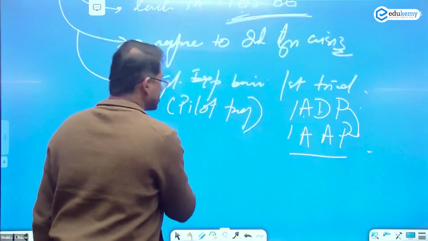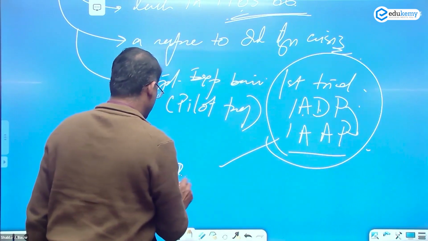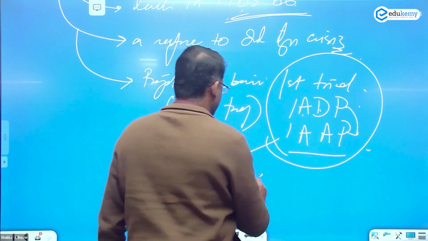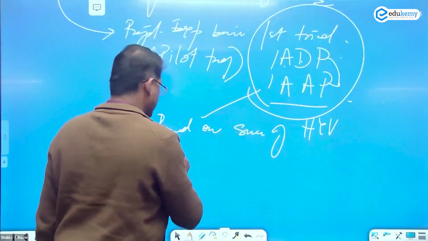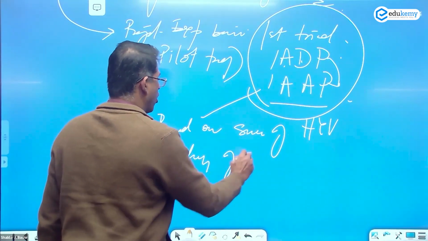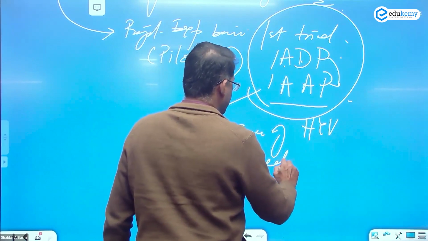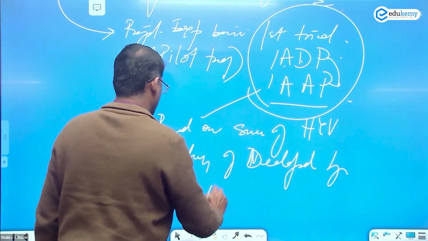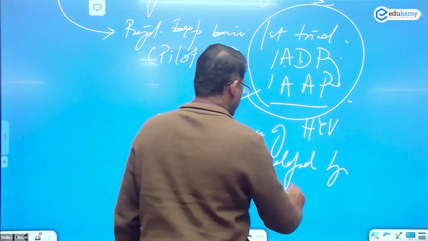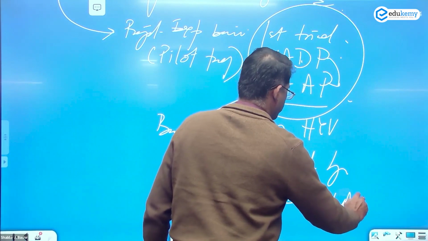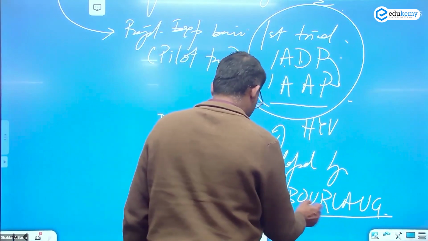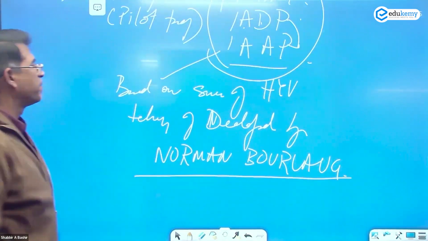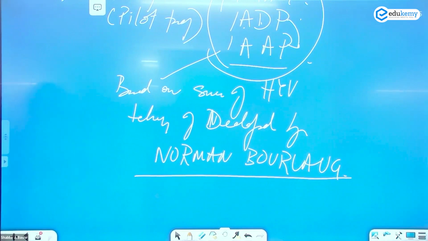And this was based on the success of high yielding variety technology developed by Norman Borlaug. He died recently, a couple of years ago. Norman Borlaug was a Nobel laureate for the high yielding variety technology.